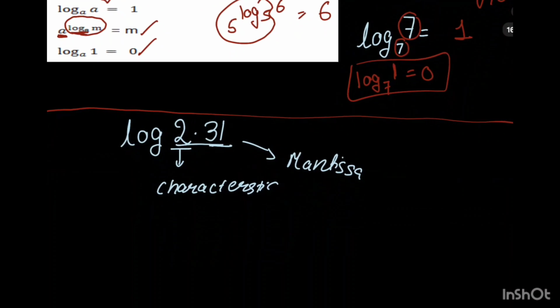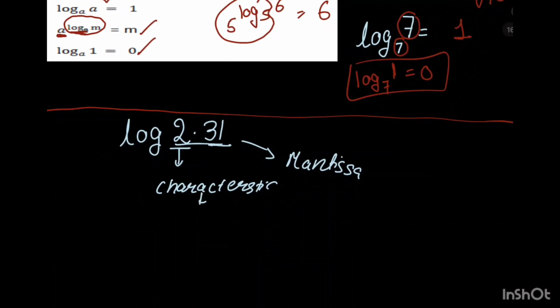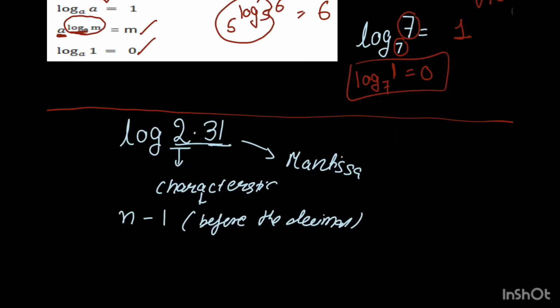Characteristic is found as n minus 1 and it is always written before the decimal, where n is the number of digits before the decimal.